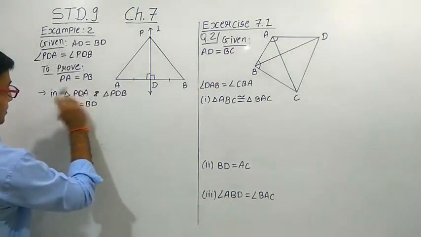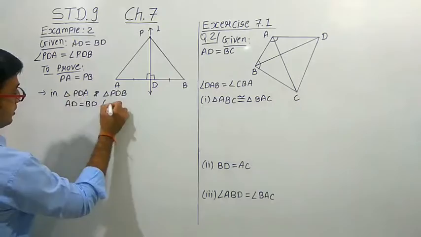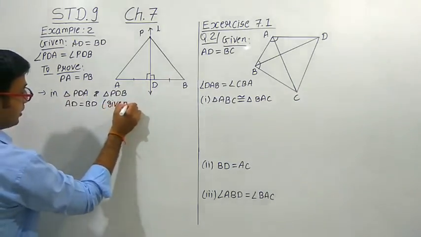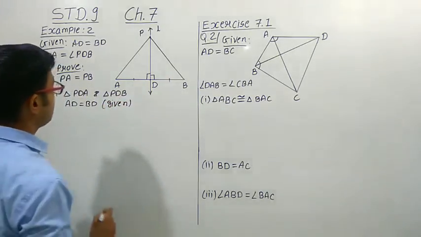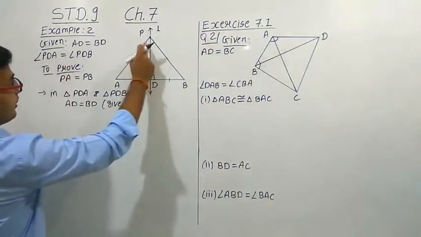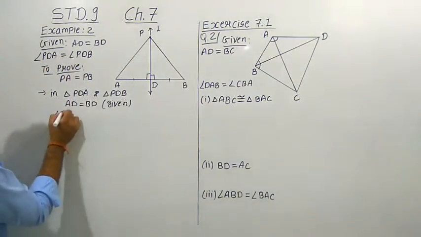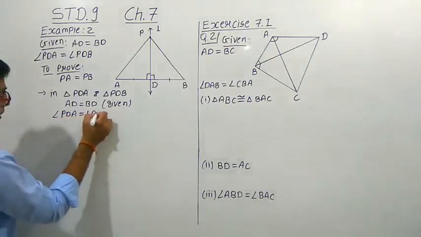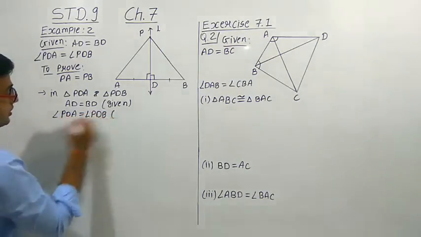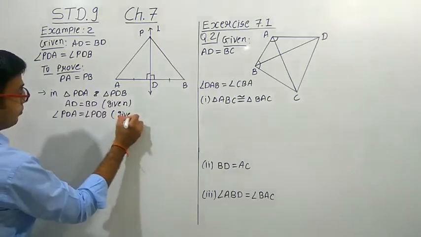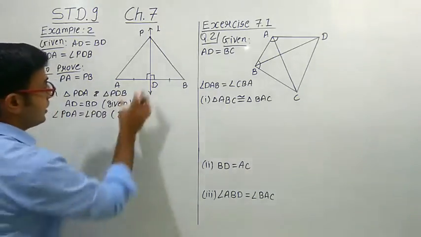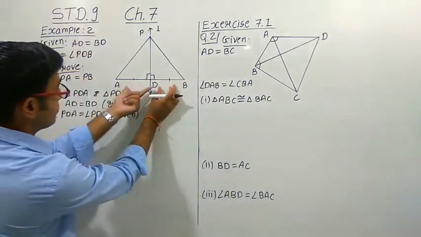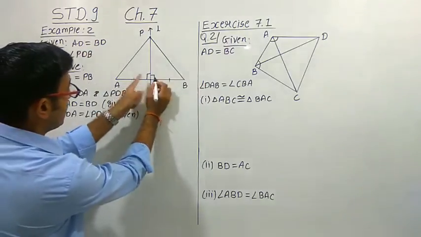This condition we have already been given. This is the reason. Second, we can write angle PDA is equal to angle PDB. This condition is also given. So in these two triangles, these two sides are equal and these two angles are equal.